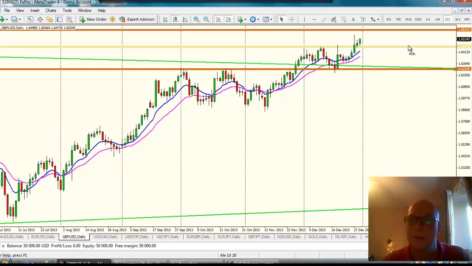Now, as you can see, once these lines are drawn, that doesn't mean they're written in stone, because price is always moving. But on a daily basis, or nightly basis rather, these levels, you can alter them to suit the new price action that's formed around them.